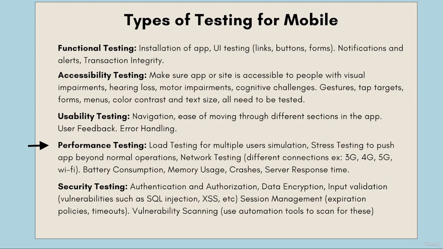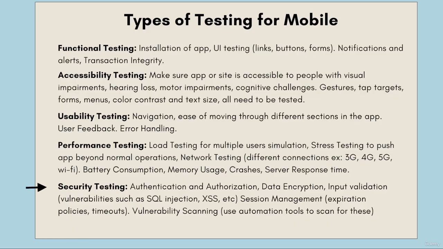Next, we have performance testing, which would include your load testing for multiple user simulation, stress testing to push the app beyond normal operations, network testing, which is different connections like 3G, 4G, 5G, or Wi-Fi, the battery consumption, memory usage, crashes, server response time. Okay, all that is part of performance testing.